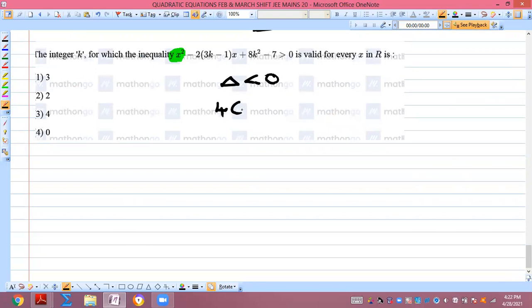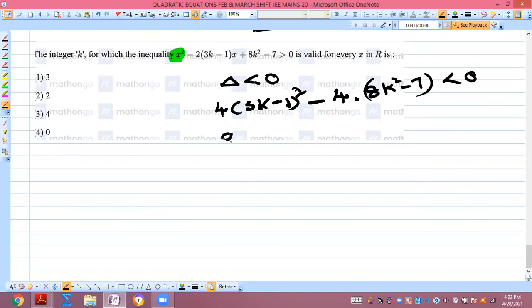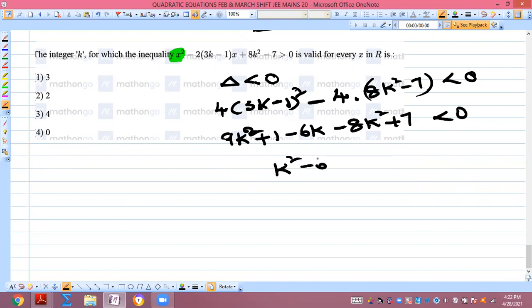That is 4 into 3k minus 1, whole square, minus 4ac. So that is 8k square minus 7 should be less than 0. So now if you see, 9k square plus 1 minus 6k minus 8k square plus 7 should be less than 0. So k square minus 6k plus 8 should be less than 0.